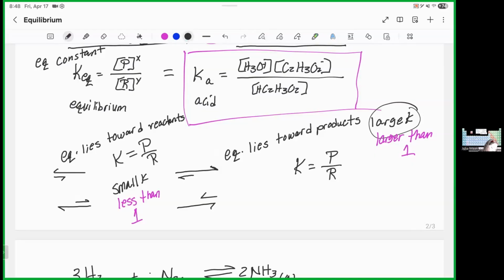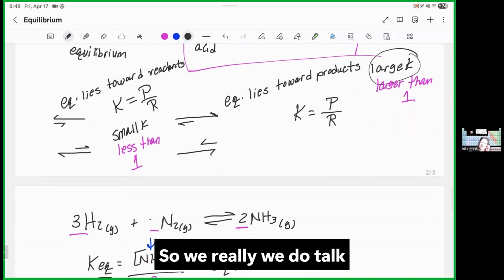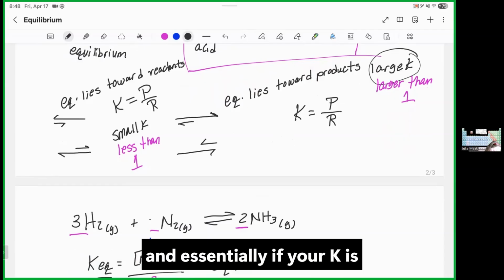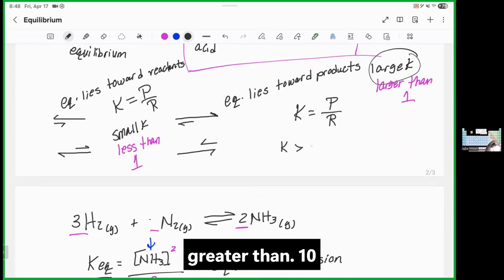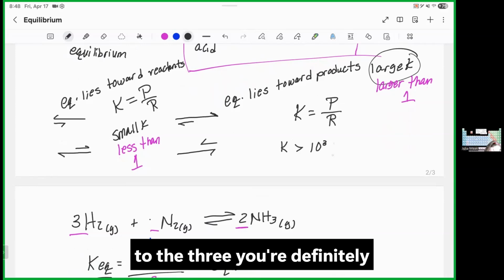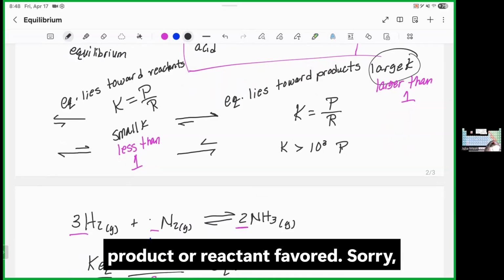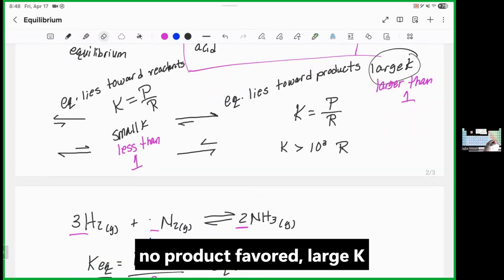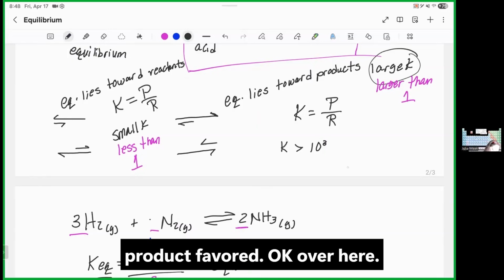So we do talk about the size of that K. Essentially, if your K is greater than 10 to the 3, you're definitely product favored. Large K, product favored.